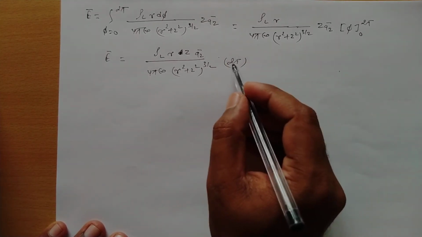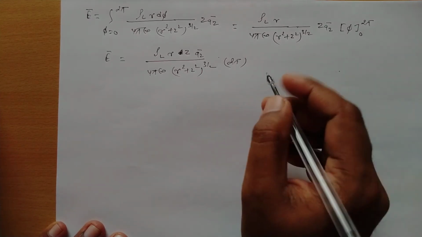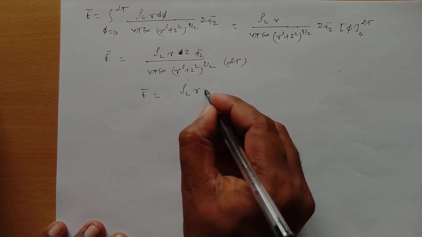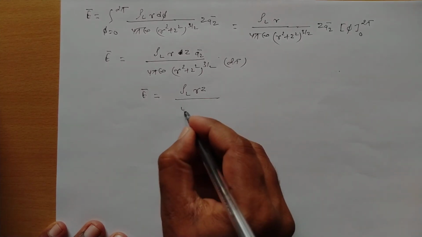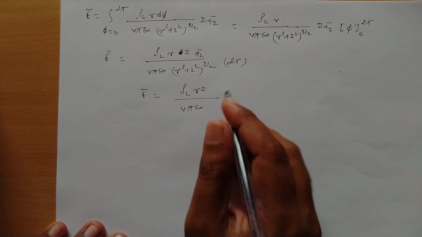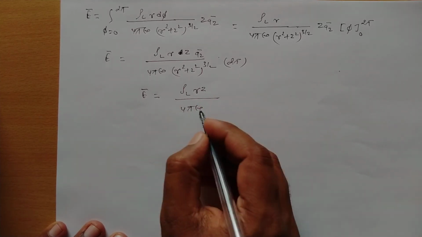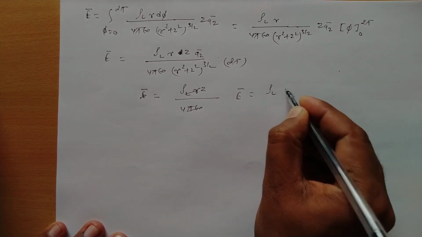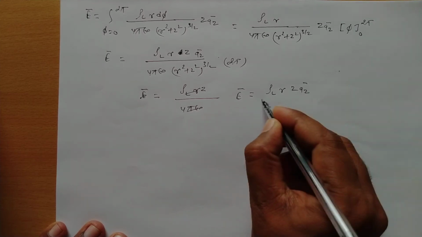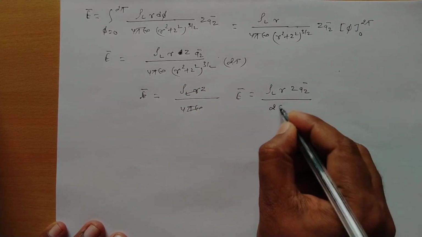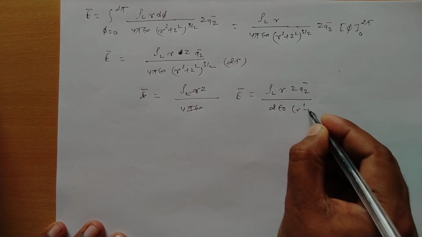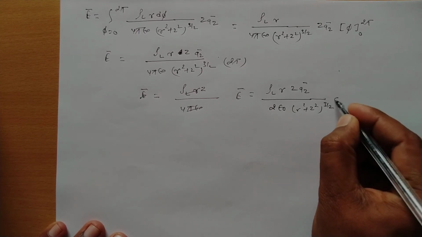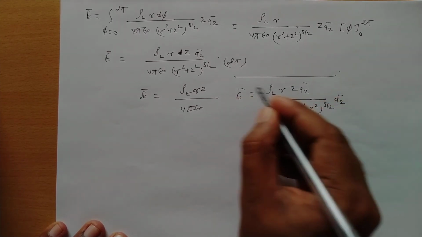So this 2 cancels with this 4, and the pi will be cancelled out, so the final expression will be rho L R Z aZ divided by 2 epsilon naught (R square plus Z square) to the power 3 by 2, and this is the aZ.